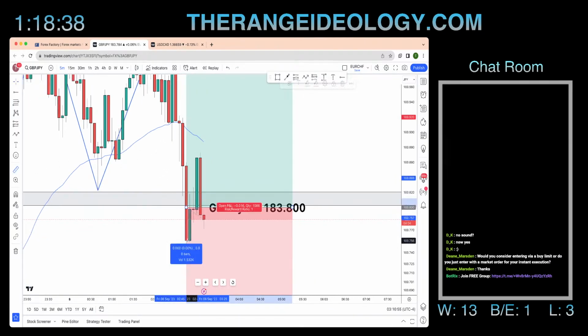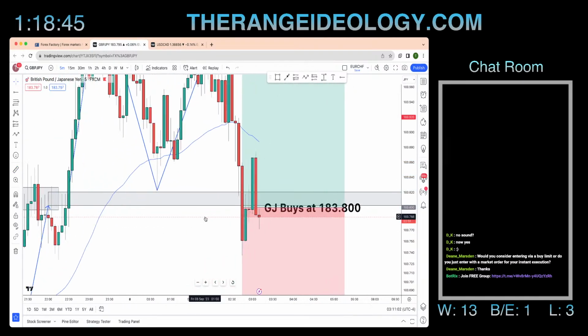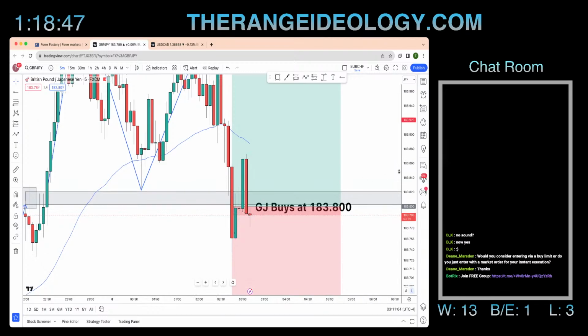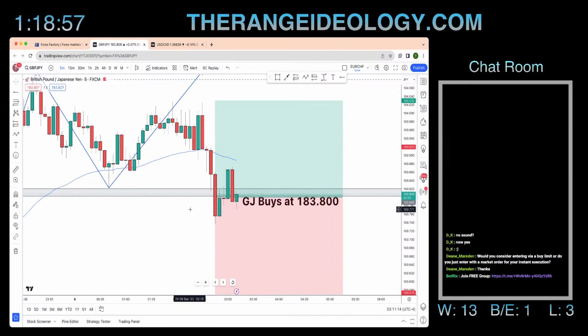Again, price is in this 10-11 pip zone here now, in which the range lies right at our entry here, or the middle of the range. All right, back into profit again.